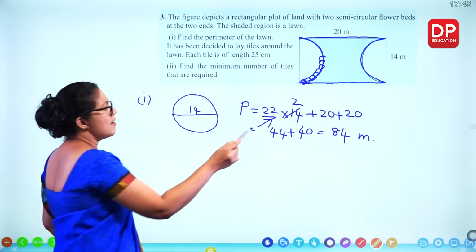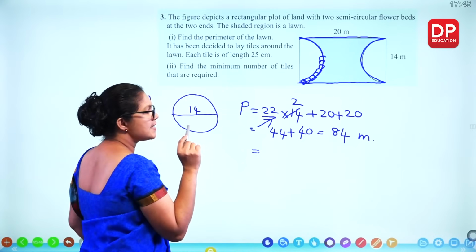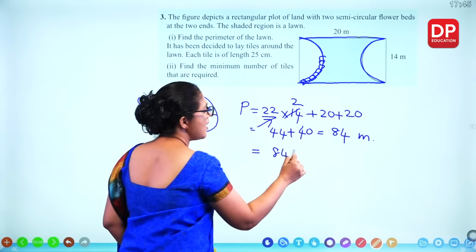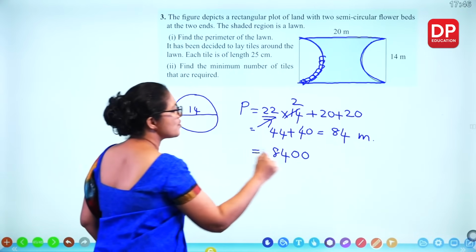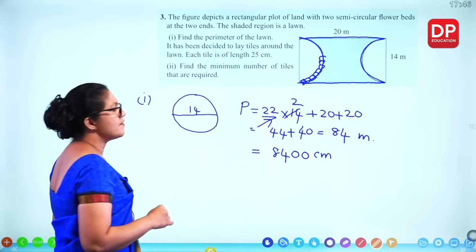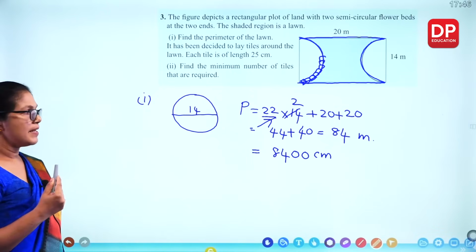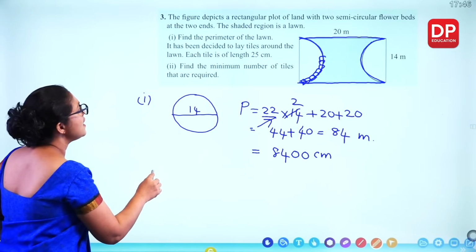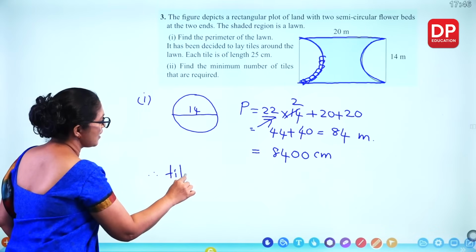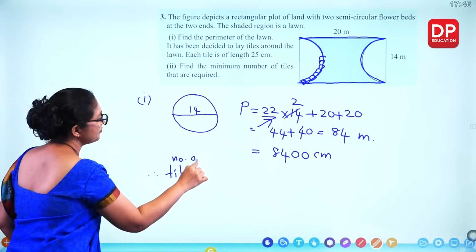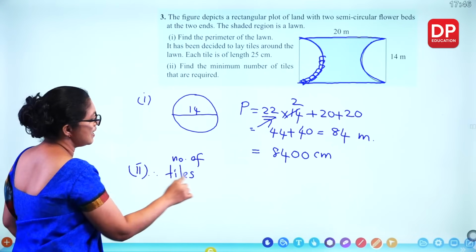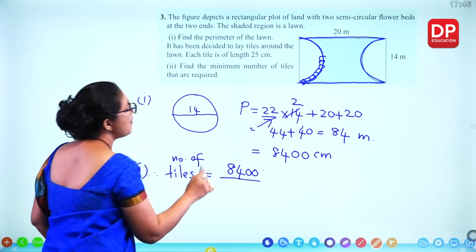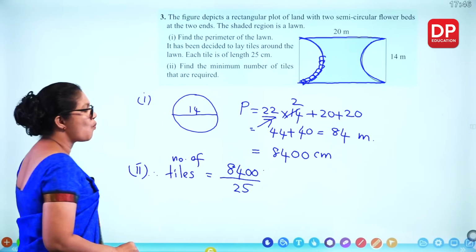So here we'll first convert the perimeter into centimeters. How many centimeters? You multiply by 100. That means you put 2 zeros there. So 8,400 centimeters for the whole perimeter. But one tile is 25 centimeters. So how many tiles do you need? Number of tiles you need is the total perimeter divided by the length of one tile.